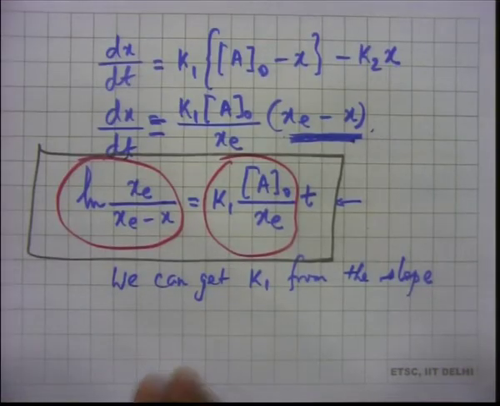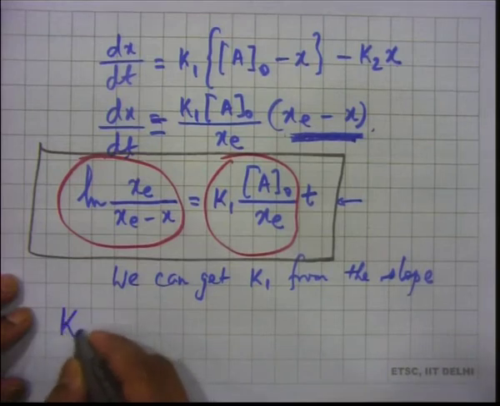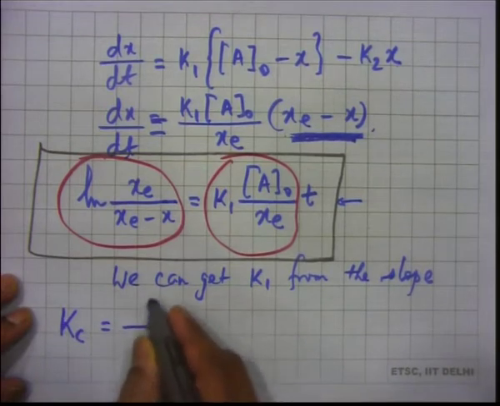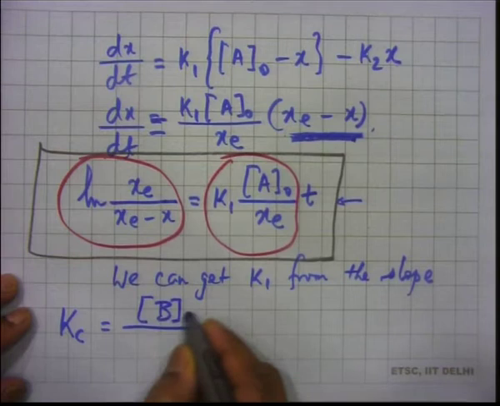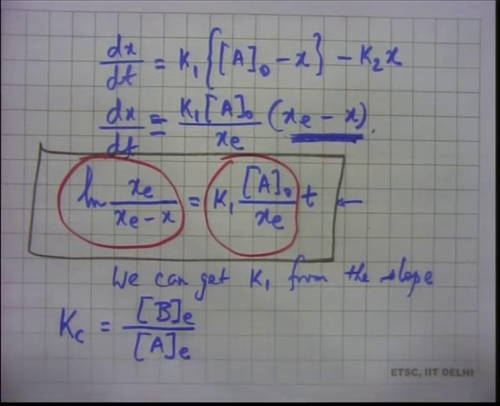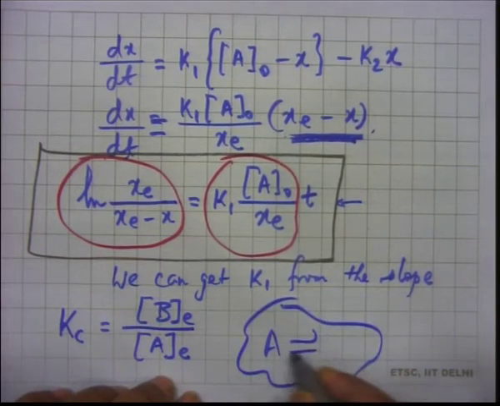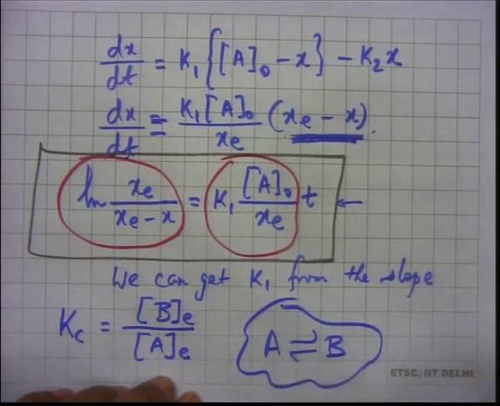Now there's one more thing. Since it's equilibrium, there's one more aspect that we can think of. There is an equilibrium constant which we can define, which is B at equilibrium divided by A at equilibrium. What is our reaction? Our set of reactions is A going to B, B going to A. That's what we are talking about.